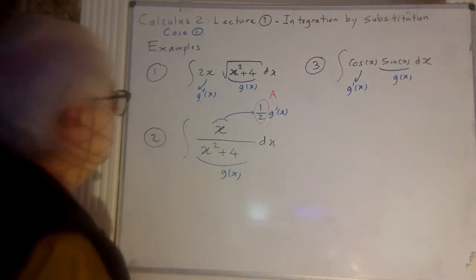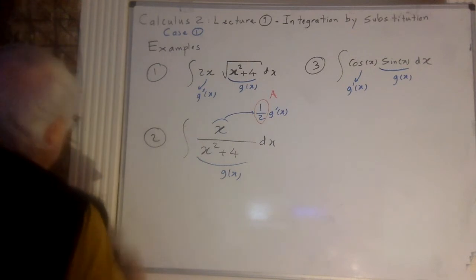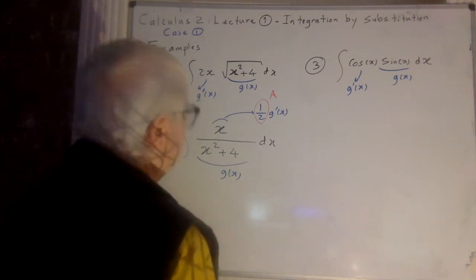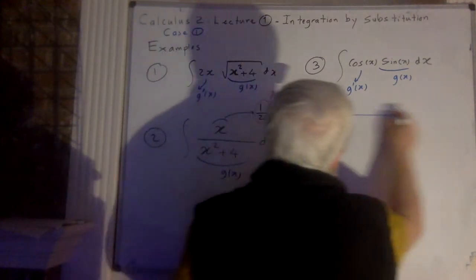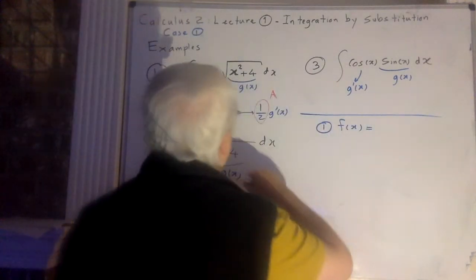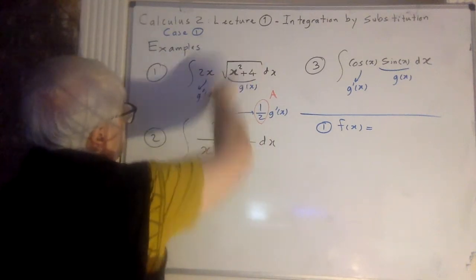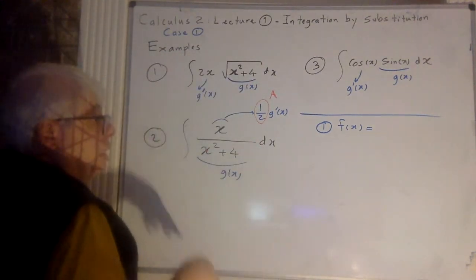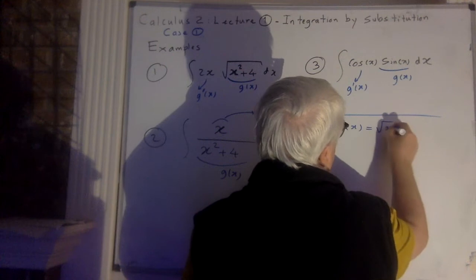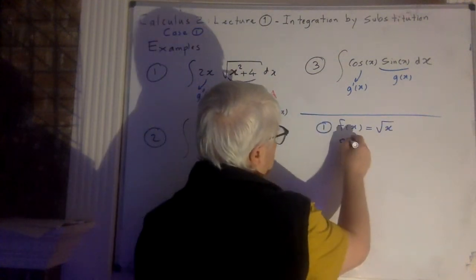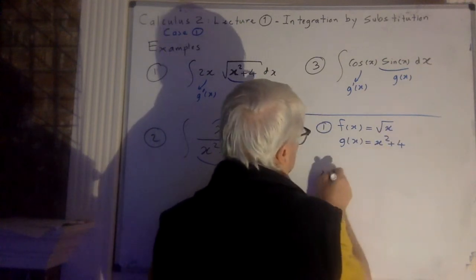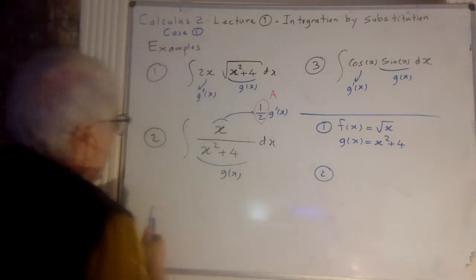And now let's identify in each case that f(x), or what sometimes they call the outside function. So let's identify for each one of them the outside one. Number 1, f(x) is what? You can see it's obvious, the inside function is inside the f(x). So in this case f(x) is square root of x, and g(x) is x squared plus 4. Number 2, what is it?